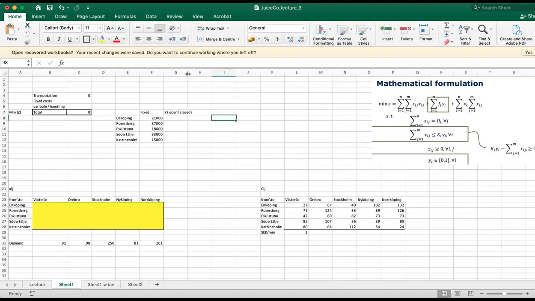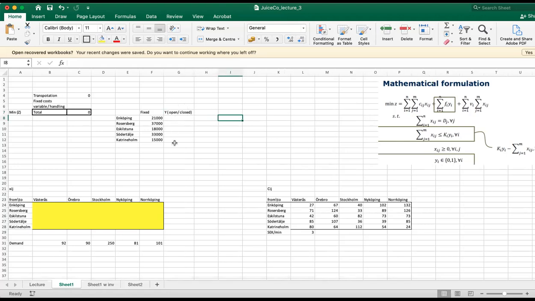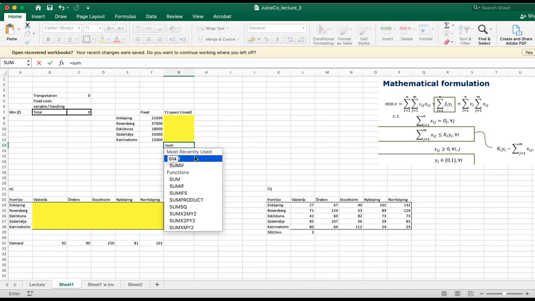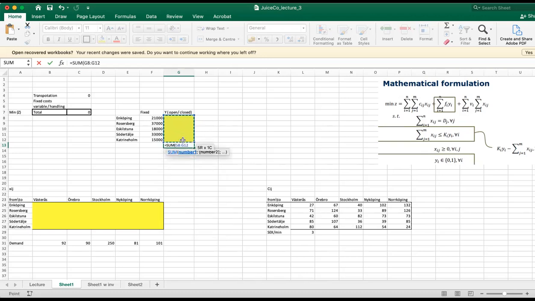And also we do not know which one the algorithm will select. So to be safe, we just put this in yellow. However, what we know is that the sum of this for now should be equal to 1. Why? Because we want this whole computation algorithm to select one DC.